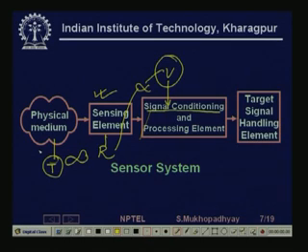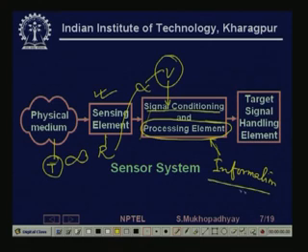Now this voltage may contain various impurities, noise, etc. So you do further signal processing on it so that you get more accurate voltages, or you increase its strength. Then at this point you have it in information form. It is no longer a process variable, neither physical nor electrical, it becomes information.